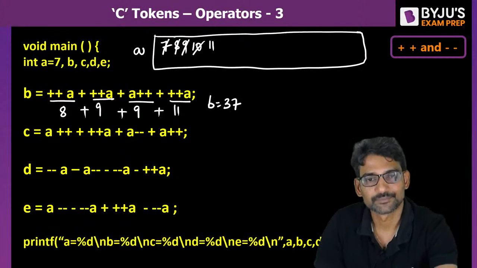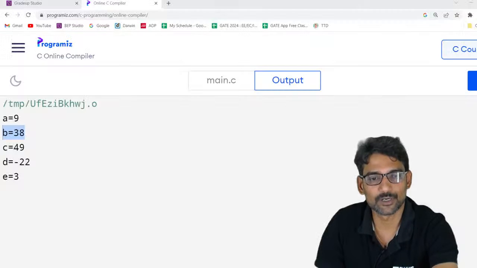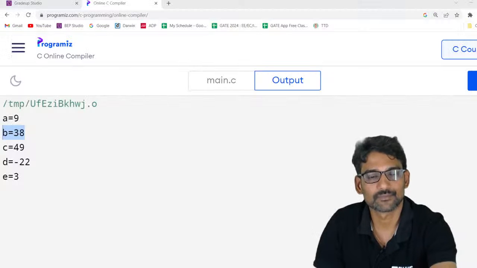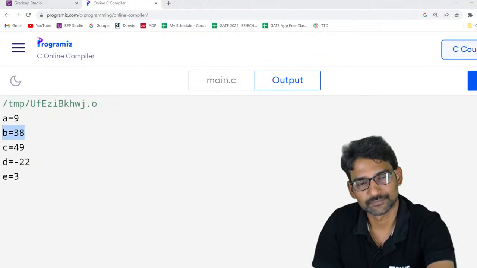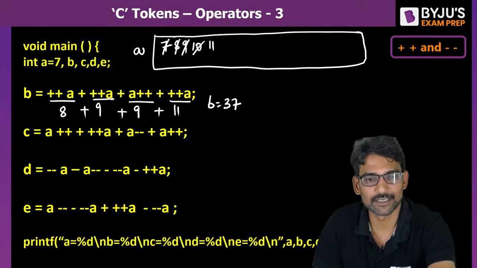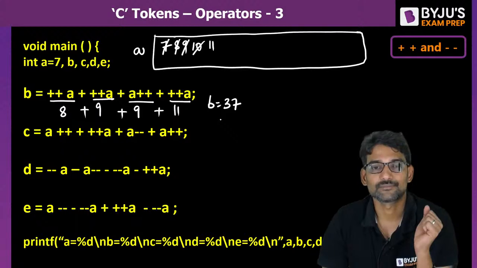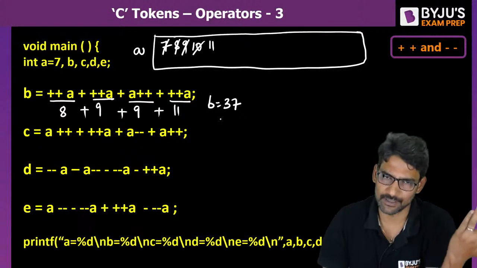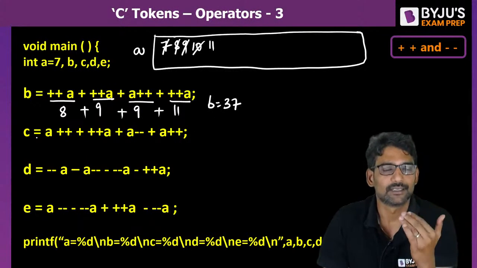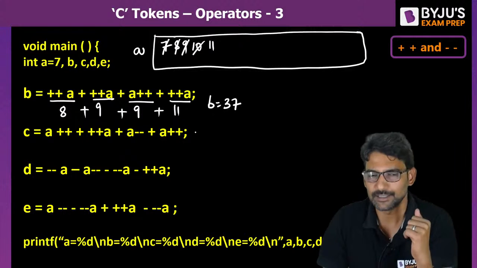But what is the value we got? 38. We got 38 when we execute, but as per our analysis, we are getting 37, there 38. Okay, C value we are getting correct, I think.